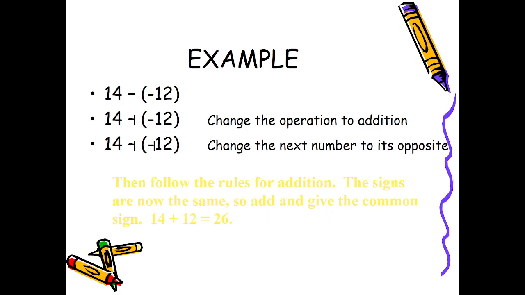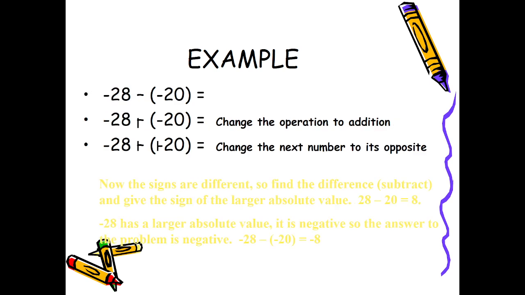Another set of examples. We have here positive 14 minus negative 12. We keep the first integer, so we still have 14. We change the sign from minus into plus. Then we change the sign of the subtrahend negative 12, and it becomes positive 12. So we have our addition sentence 14 plus 12, which is equal to 26.